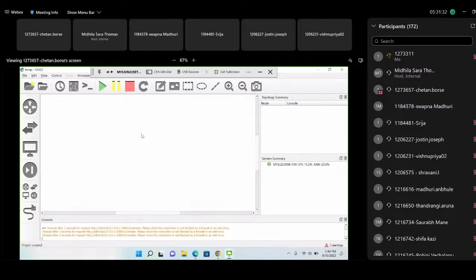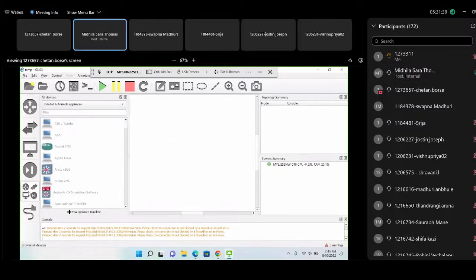In the left side, click on the fifth option, that is browse all devices. When Chetan clicked on it, this came. In all devices, do you see a drop down, installed and available appliances, under all devices?